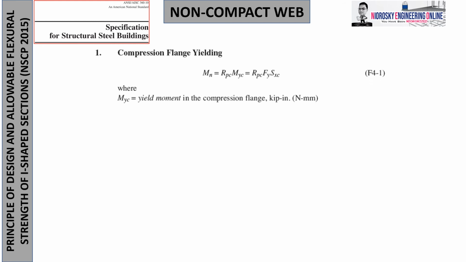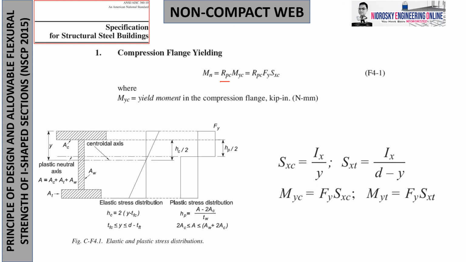So, ganun din ulit, no? Sinabi nung number 1 criterion. So, sa R_pc, yung classification factor sa web, under compression yan, where M_yc is the yield moment in the compression flange in kip-inch or Newton-millimeter. So, paano ba kinocompute yung S_xc at S_xt? So, sinasabi lang ng AISC 360-10, ganito kinocompute. Si S_xc is kinocompute yung I_x over y, while S_xt is I_x over d minus y.